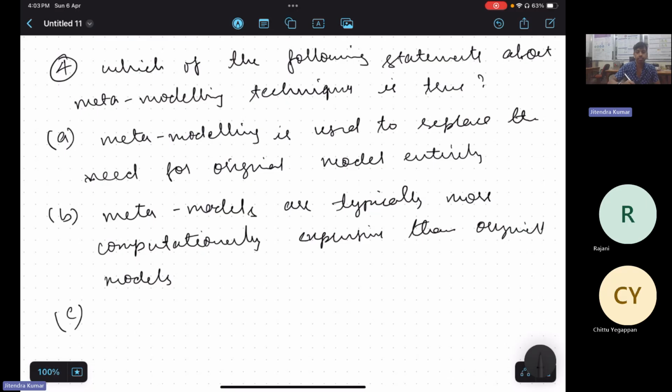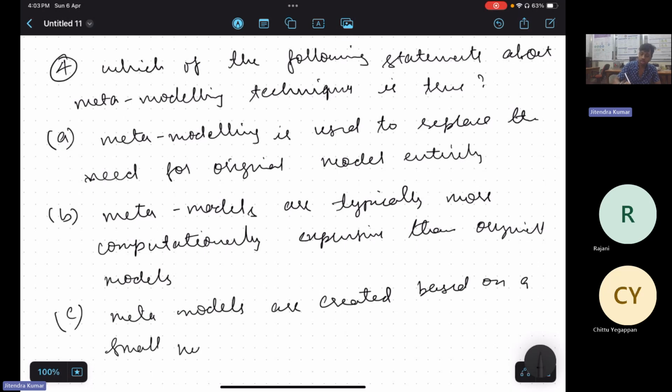C: meta models are created based on a small number of initial model evaluations.